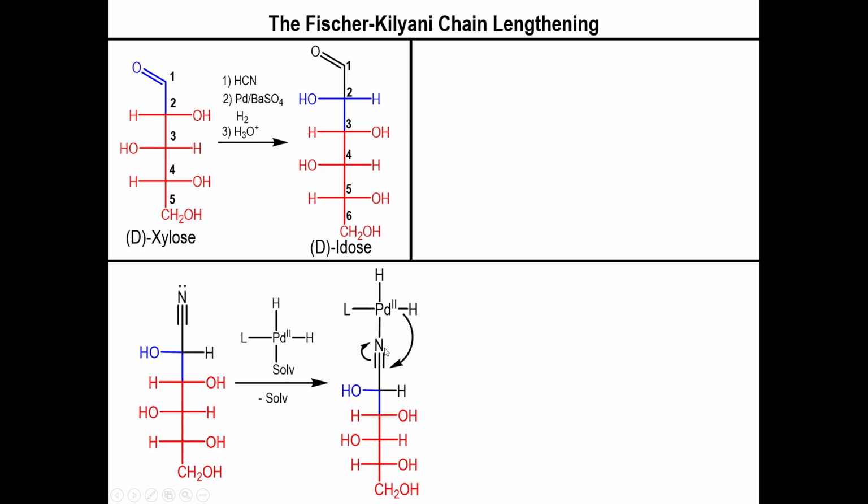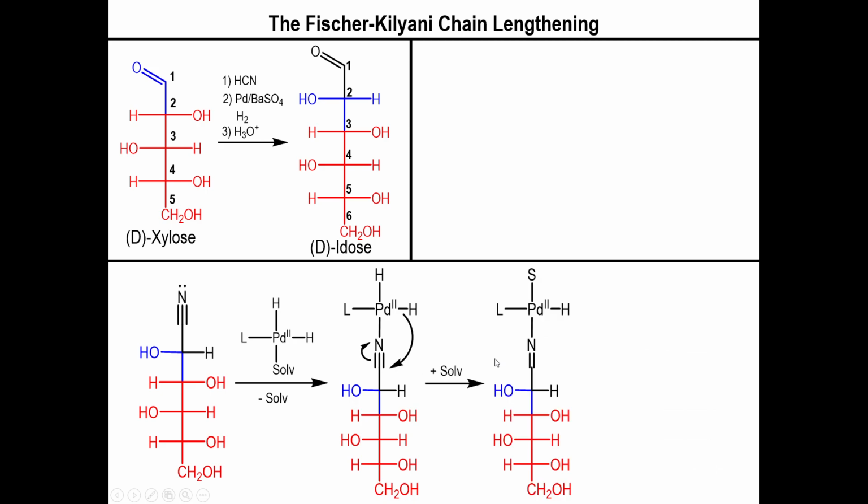And those electrons, of course, will move onto the nitrogen to make an anionic imine, technically speaking. And typically this also happens by having the solvent come back in and refill that spot, so you retain that square planar structure throughout.